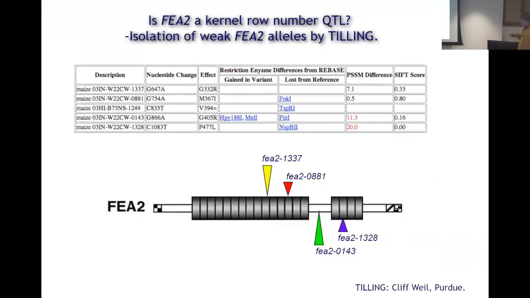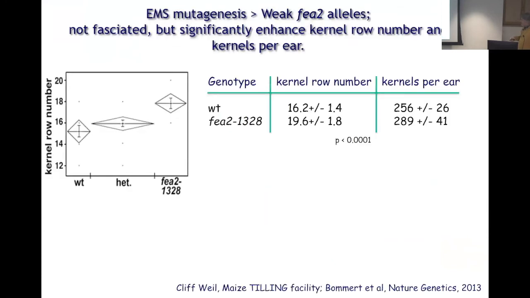Okay, so originally we did this together with a TILLING facility in maize set up by Cliff Weil at Purdue, and he screened for us in EMS populations for alleles of Fea2 that had point mutations generated by EMS, just by sequencing. We had 4 of these, and they're predicted to give single amino acid changes, so presumably weak alleles.